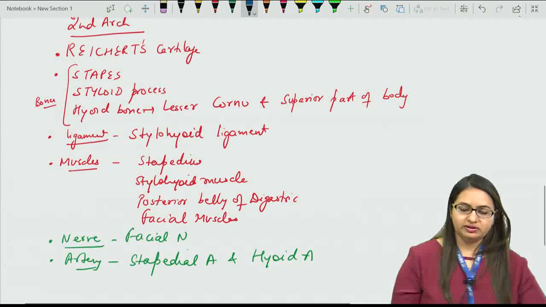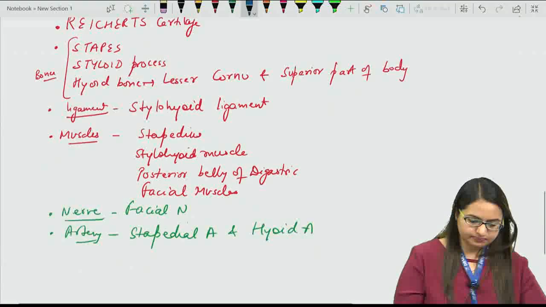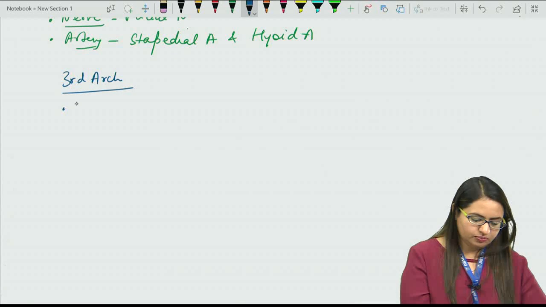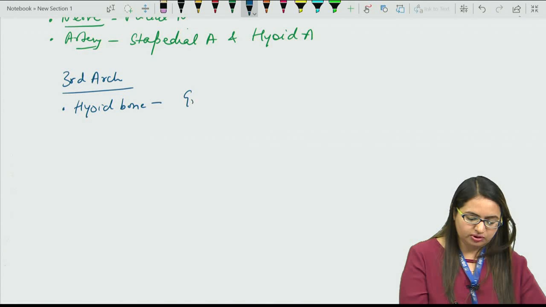Now when we talk about the derivatives of third arch, the bone which is derived is hyoid bone, and in the hyoid bone, the rest of the portion, that is the greater cornu and the inferior part of body.